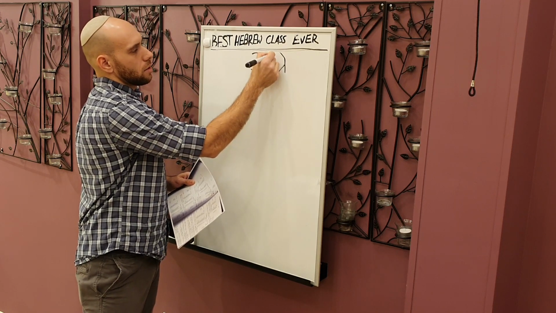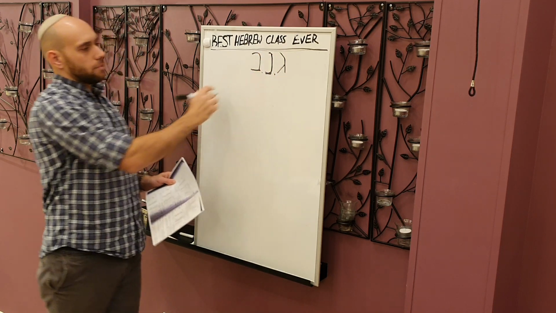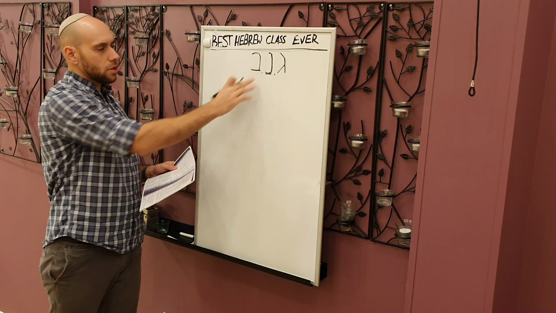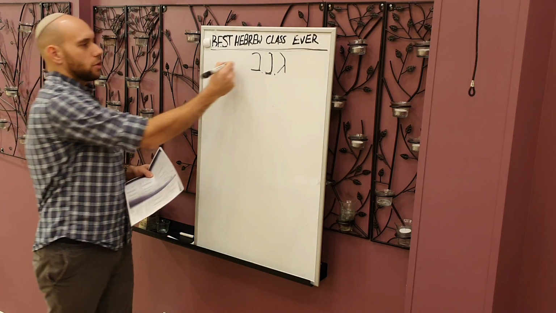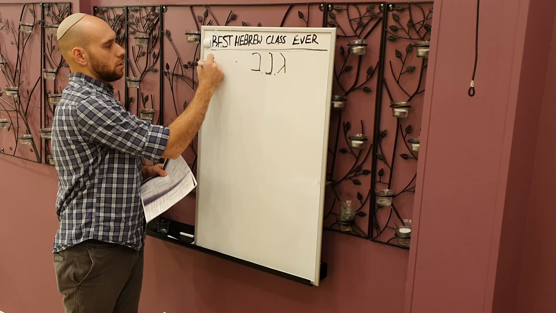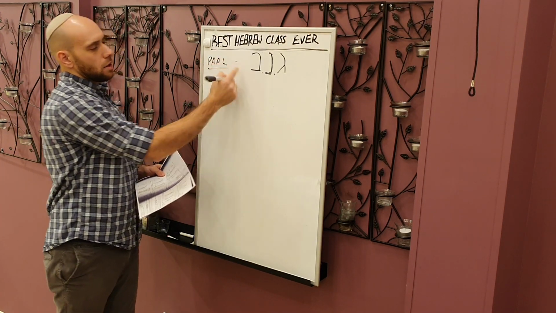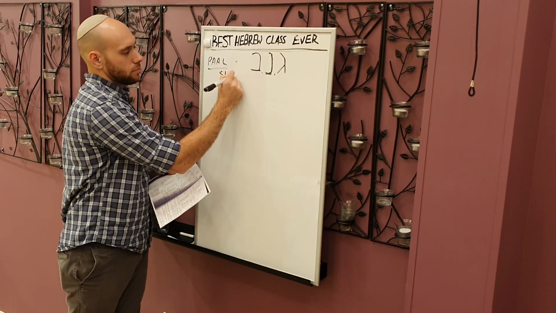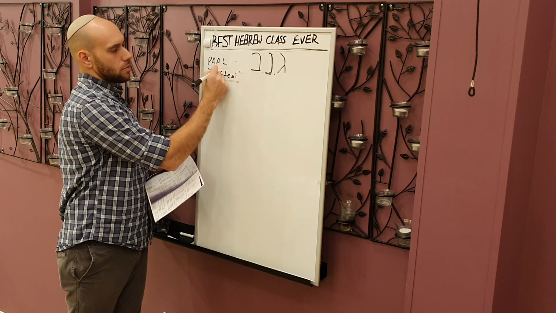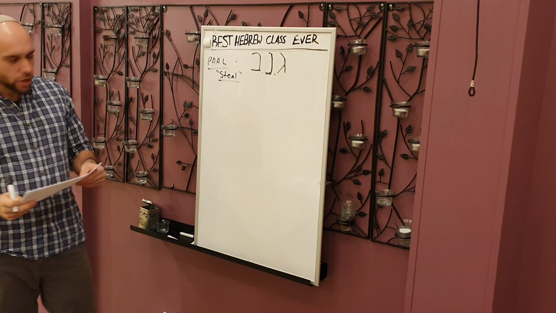This means this is a root, gimel nun bet. Right, we're going to look at the pa'al. In pa'al, it means to steal. And we're looking at the future tense.